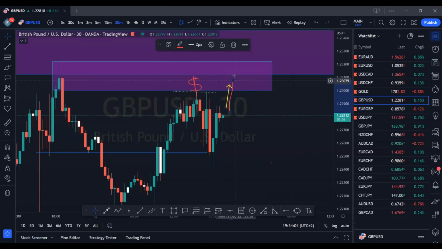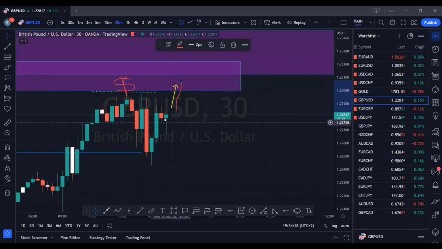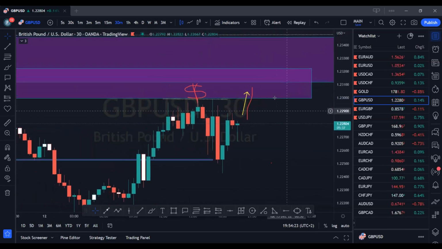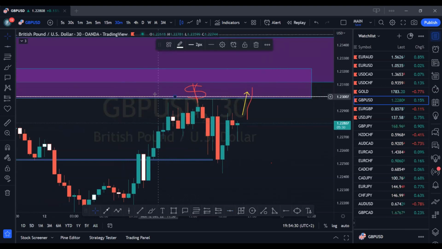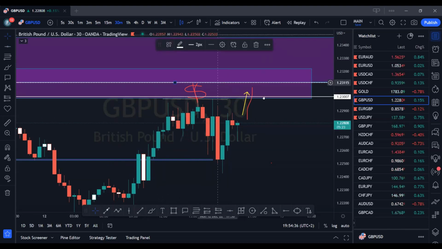So what you can do is to possibly set another sell limit here, waiting for price to push into the zone, right? You can see price already is possibly going up like so. We don't know if this move is going to come up here. So what you can also do is either take entry at this zone, at this line like so, or you wait for price to get into the equilibrium of this supply level here, the middle.